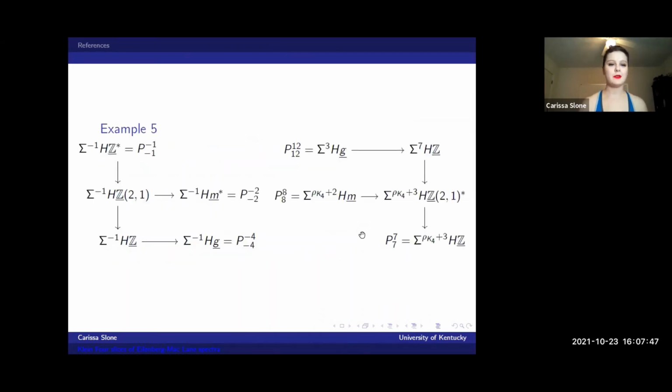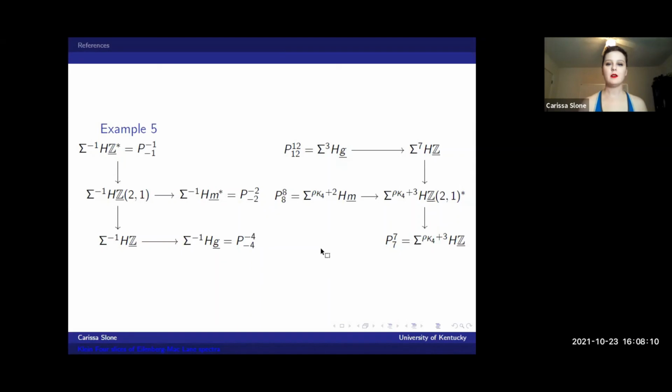Let's take a look at an example. Here we have the cotower on the left for sigma minus 1 HZ. It has a -4 slice, a -2 slice, and a -1 slice. On the right, we have the tower for sigma 7 HZ, and it has a 12 slice, an 8 slice, and a 7 slice.